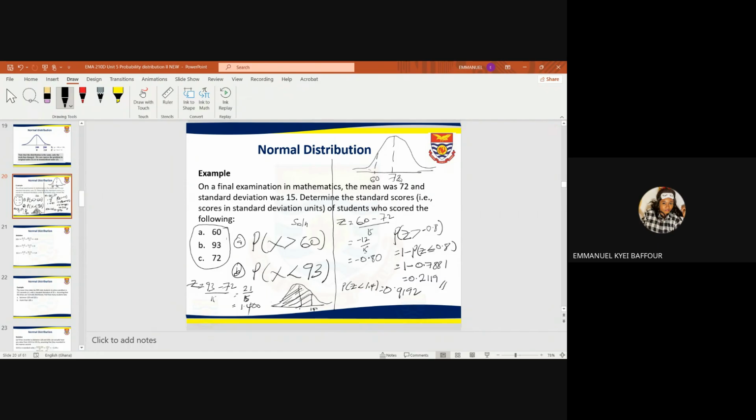So that gives 72 minus 72 divided by the standard deviation, which is 15, so 0 divided by 15, which is 0. That is why we've been writing the 0.